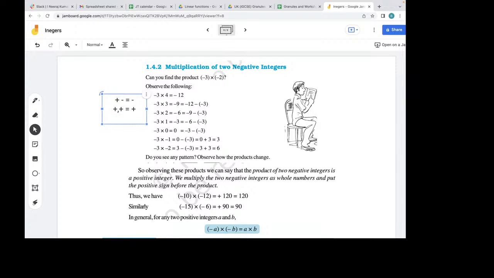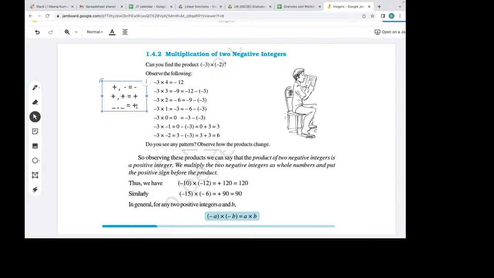If you multiply minus and minus together, you will get plus again.